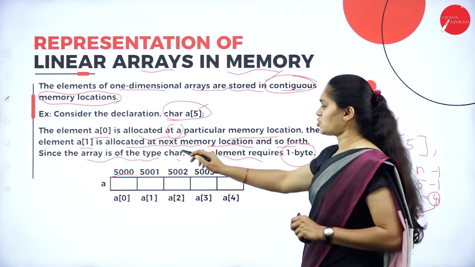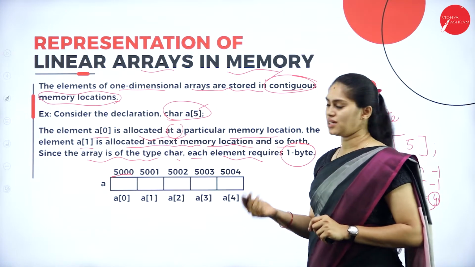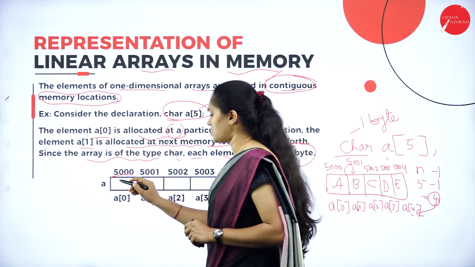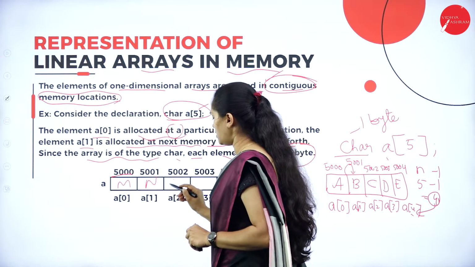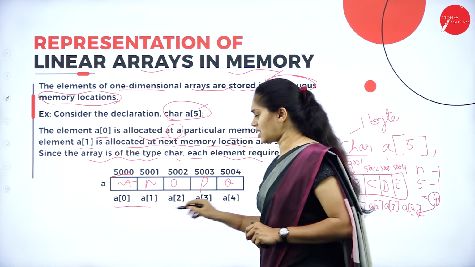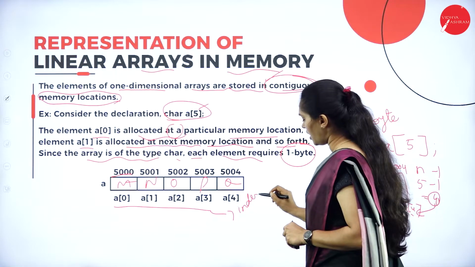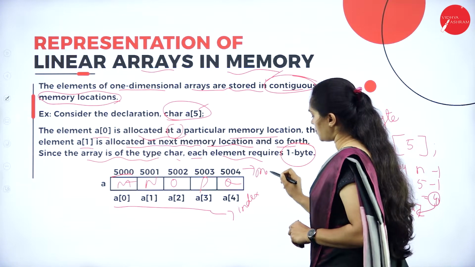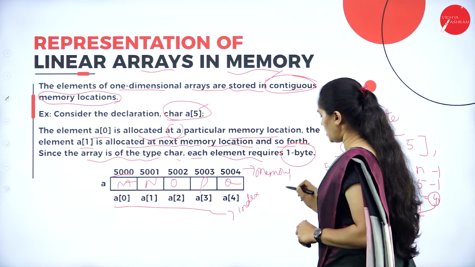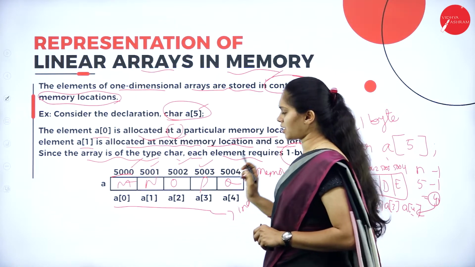So based on the data type, it will allocate the memory space for the further elements. So here, let me consider M, N, O, P, Q. These are the elements. These are the location or index or subscript, and this specifies the memory space or memory location. This is going to be generated by the compiler.